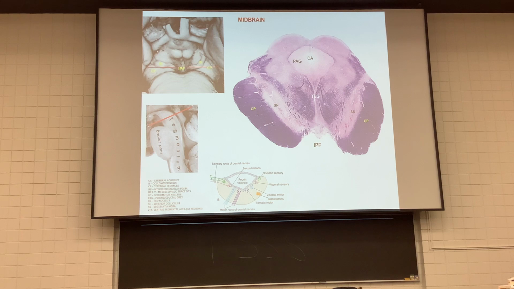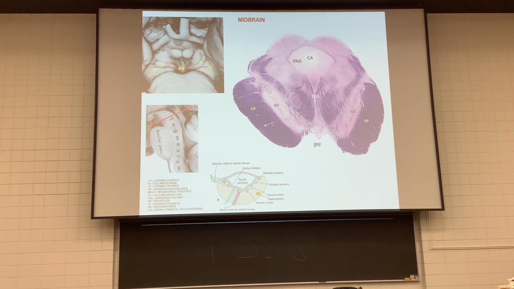But let's come back here into the tegmentum. And again, I see a nucleus that's right on the midline, just kind of below our cerebral aqueduct and its surrounding gray matter. Functionally, what kind of components would that have? Somatic motor. Well, we've done 12, we've done 6, we've done 4.